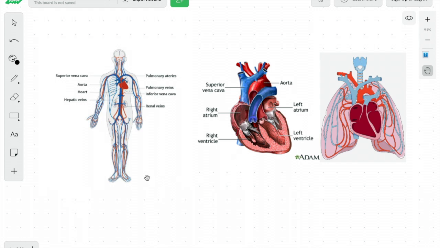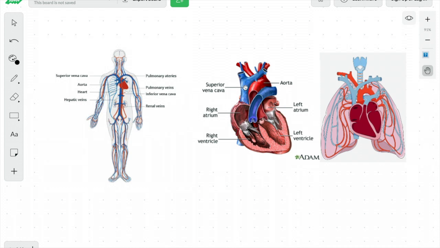Consider that the blood is coming from your feet, moving upwards in the blue veins, and from above the head also coming down towards your heart. So the first stage is blood moving towards the heart. From above it comes through the superior vena cava, and from below it comes through the inferior vena cava.